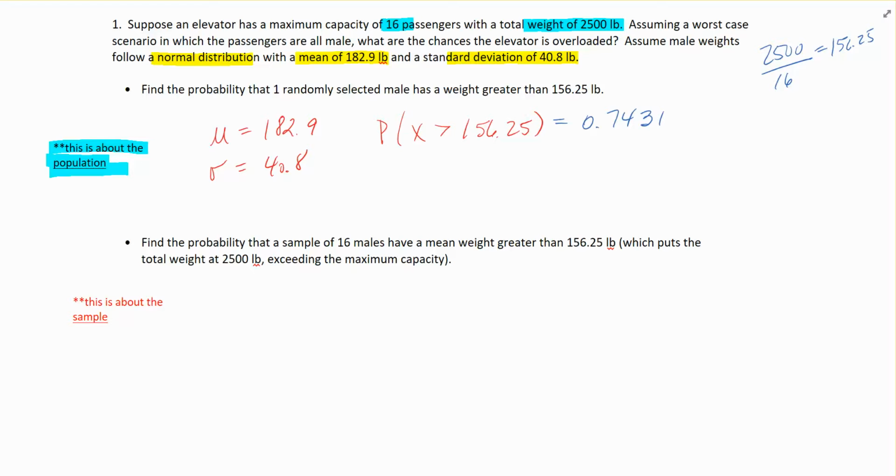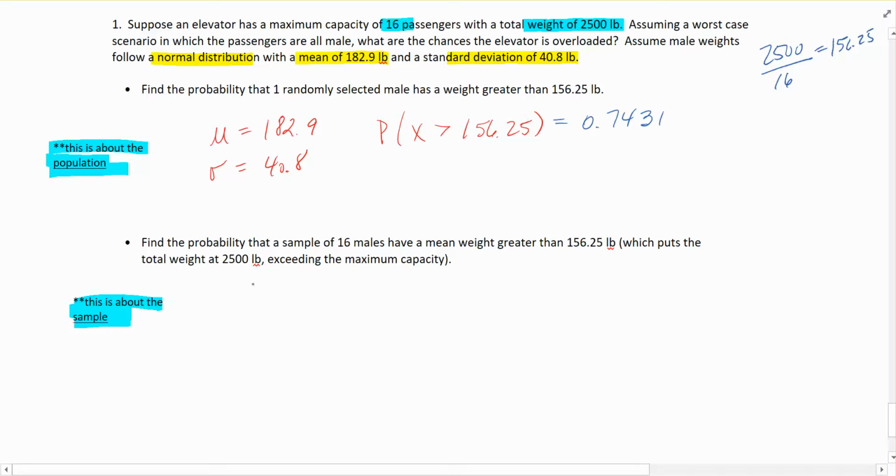So this question down here is now about the sample. Once again, if I were to gather up 16 men randomly, what's the probability that the average weight of those 16 men is greater than 156.25? It becomes important for us to understand that this problem is about the sample, because the mean and the standard deviation are about to change.